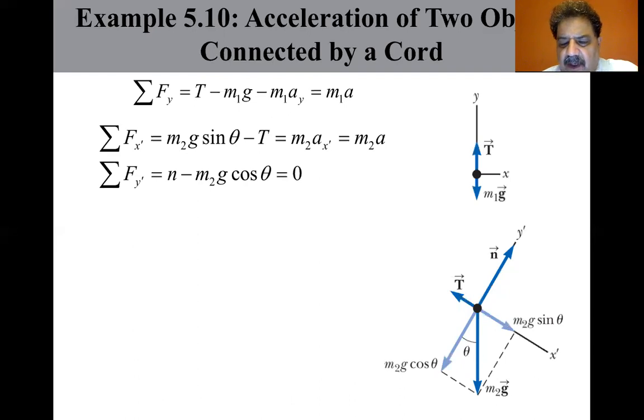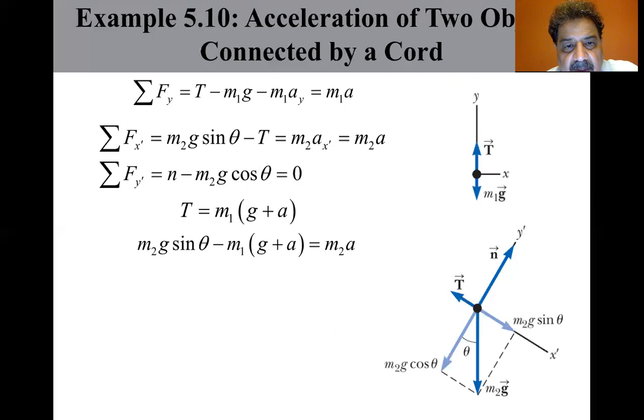Solve the first equation for T. T equals m1 times g plus a. Substitute this expression for T into the second equation, so for the sum of the forces in x prime, m2g sine theta minus m1(g plus a) equals m2a.